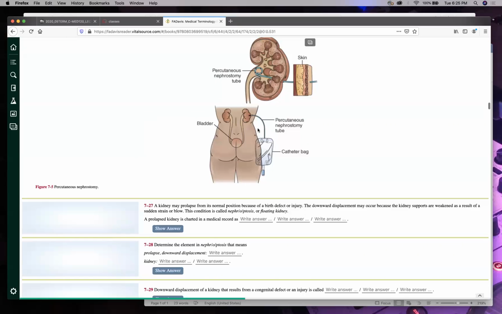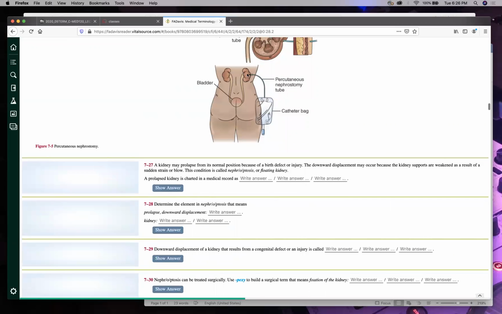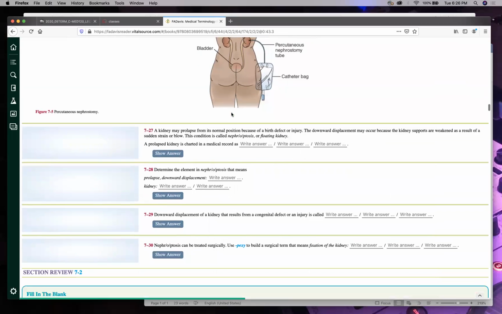It's just like a colostomy bag, but this is a nephrostomy catheter bag. And we're putting it through the skin. We pay very close attention to this because this is infection city, just like your colostomy tube.